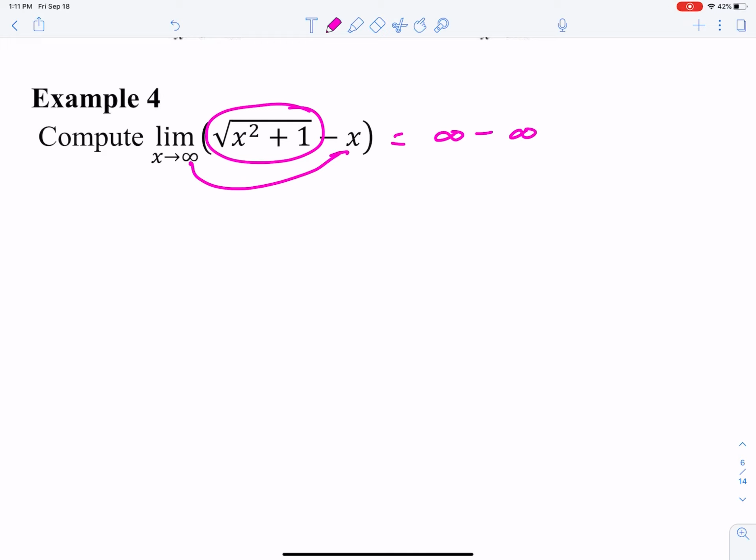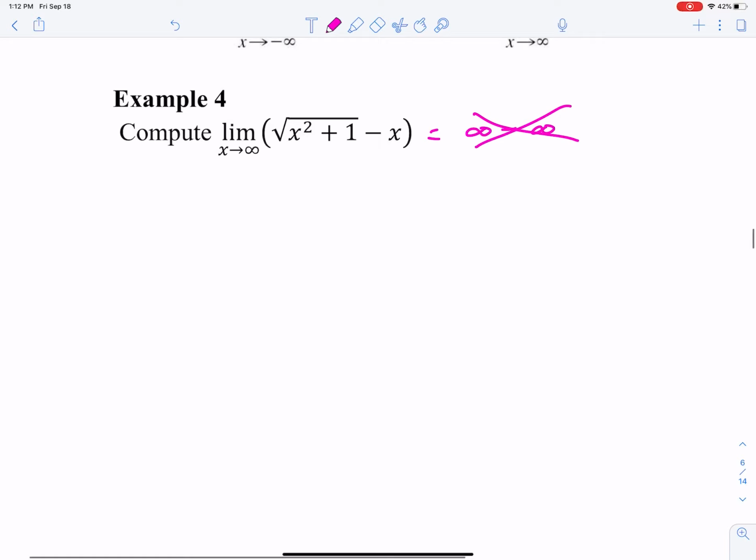Just because one set is infinitely large and another set is infinitely large does not mean they have the same number of items in their sets. So infinity minus infinity, you can't do that. Whenever you get infinity minus infinity, something's wrong and you need to use another method. Now that method is this, watch.